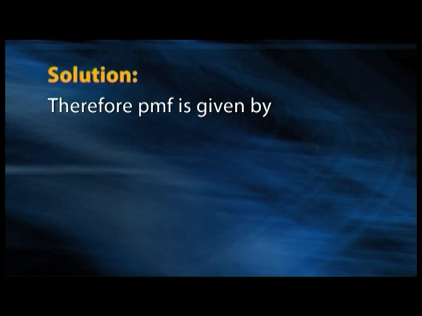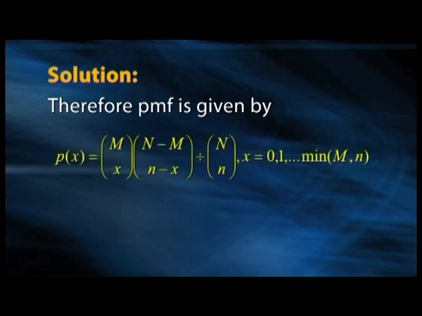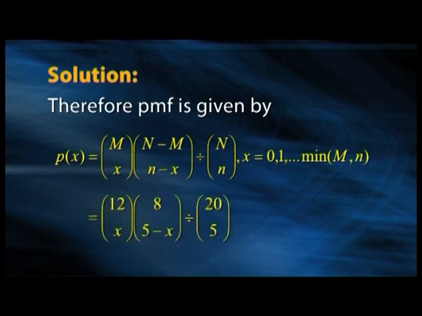Therefore, the probability mass function is given by P(X) is equal to MCx into (N minus M)C(n minus x) divided by NCn, where x takes values 0, 1, etc., up to the minimum of M and n, which is 12Cx into 8C(5 minus x) divided by 20C5.